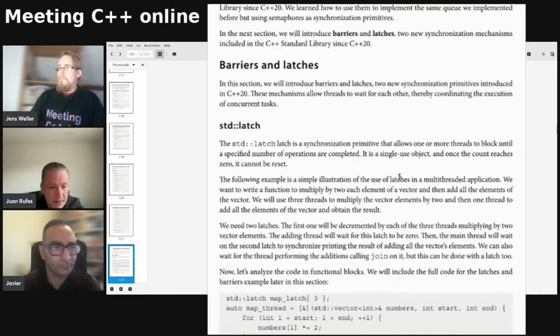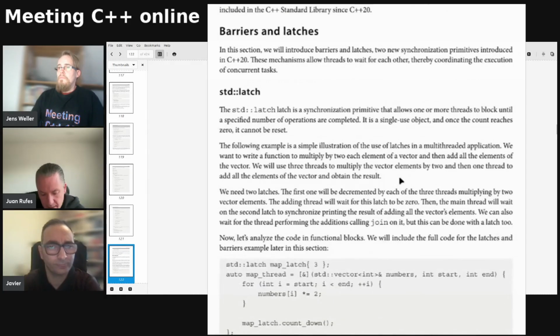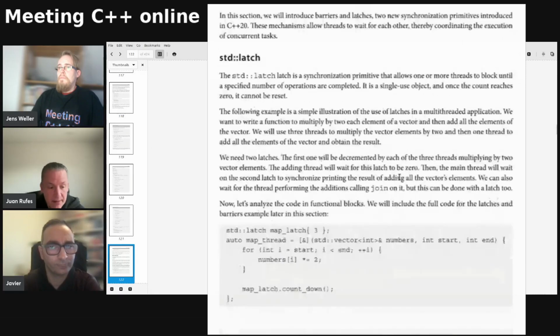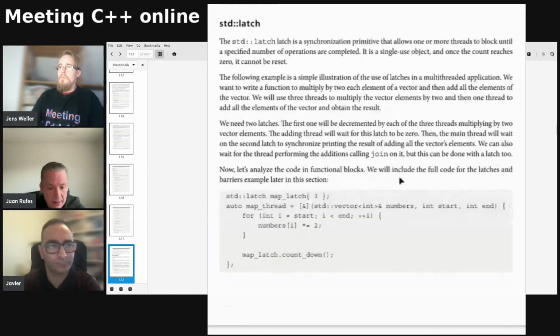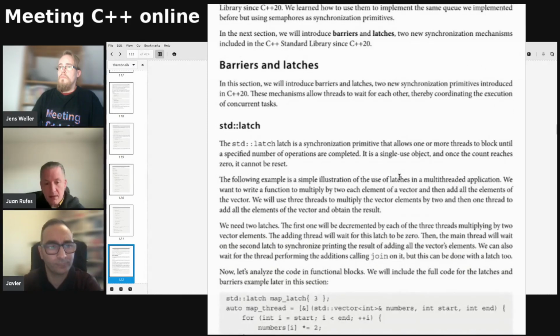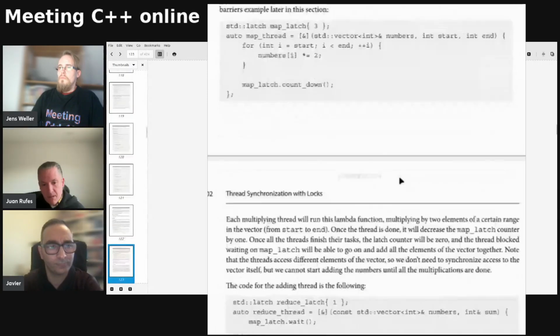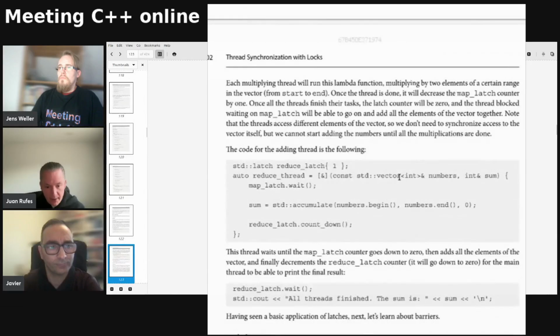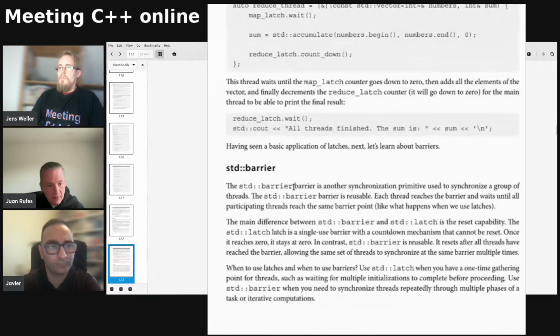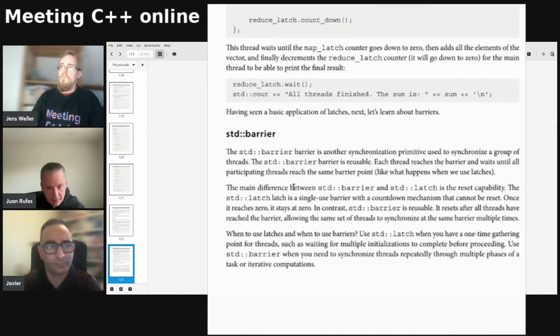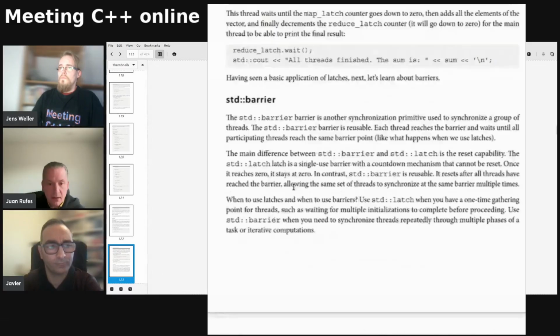A latch is really a synchronization primitive. The difference with the barrier is that the latch is only one use, right? It's a kind of point where threads arrive, and they decrement the latch until it goes to 0, and then the execution can go on.